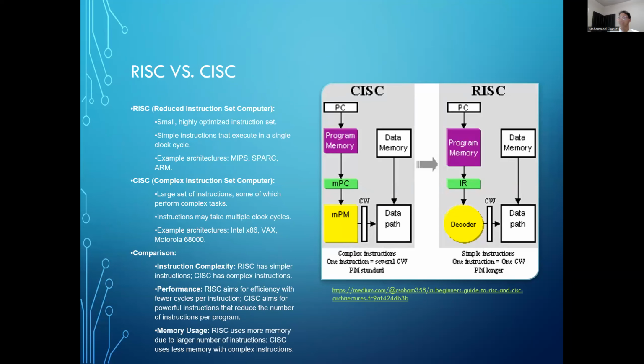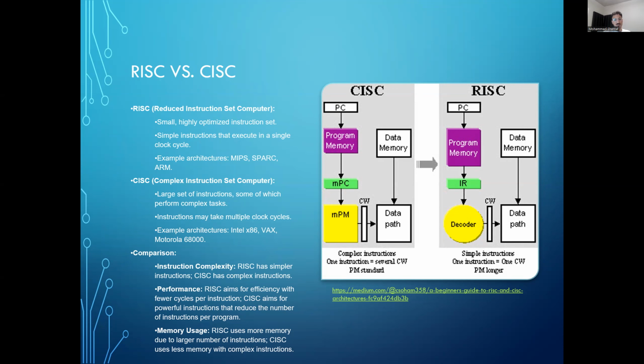Next, we have RISC versus CISC, which is the reduced instruction set computer versus the complex instruction set computer. The comparison is that RISC has simpler instructions, whereas CISC has far more complex instructions than RISC.